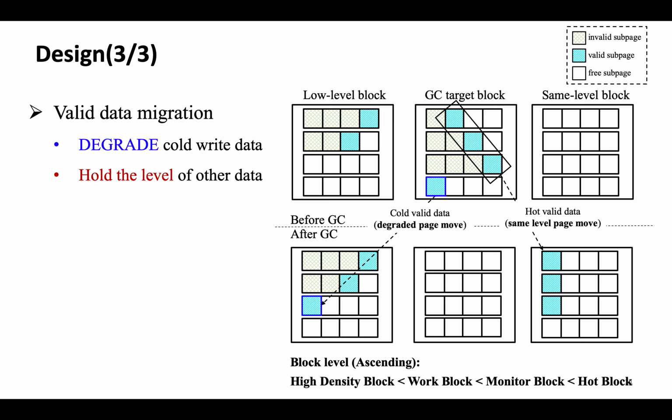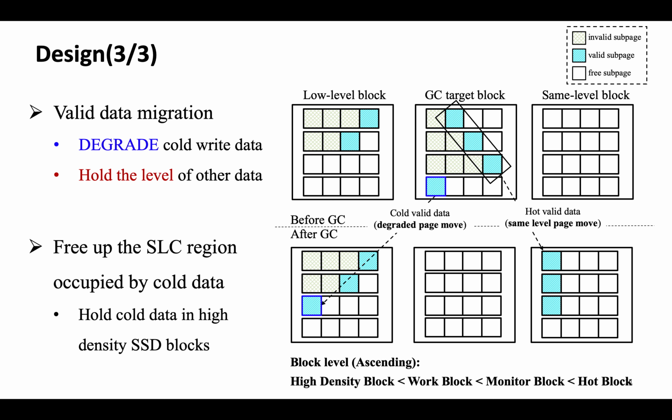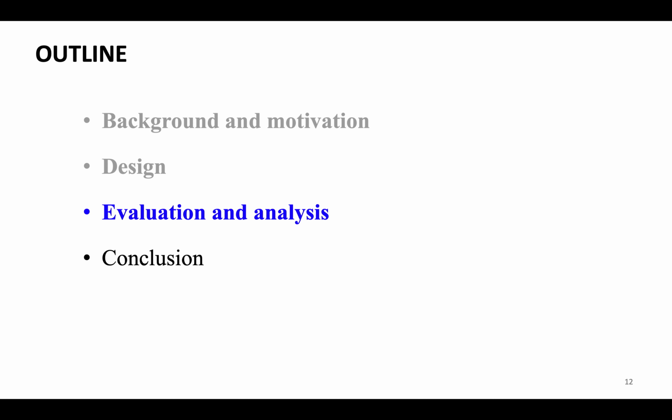Second, the other data will be migrated into another free work block. So this design can free up the SLC region occupied by cold data, and finally hold cold data in high-density SSD blocks. This is the design part.